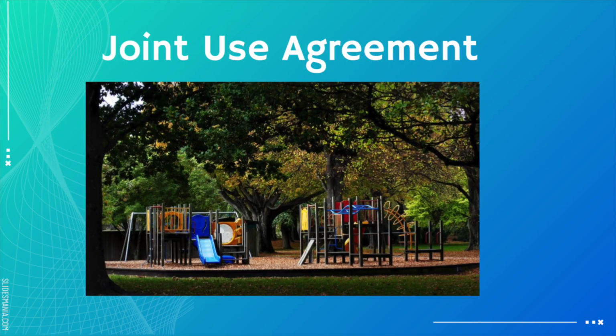There are some things that we don't spend money on, and one of those is playgrounds and parks and the maintenance of both of those. So cutting the grass is not necessarily our responsibility, because we have a joint use agreement with the city, which has been in place for a number of years. And this joint use agreement allows us the benefits of playgrounds and parks without having to pay the cost to maintain them.